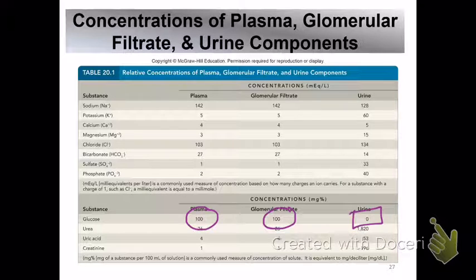None. No glucose should be in your urine unless you're a diabetic, and that's how they can test for diabetes. In fact, a long time ago, the way they used to test positive for diabetes was that they would drink the urine, and if it had a sweet taste, you were a diabetic. But of course, we don't do that anymore. Don't worry. No tasting urine anymore.